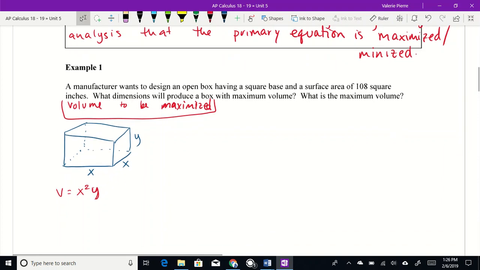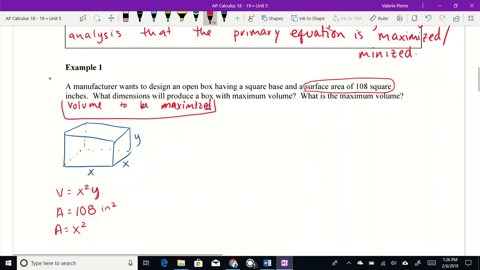I also know that I have a surface area of 108 square inches. So surface area is equal to 108 inches squared. And the equation for surface area is, in my case, I'm looking for all the sides, the area of all the sides added up, right? So down at the bottom, I have x squared.